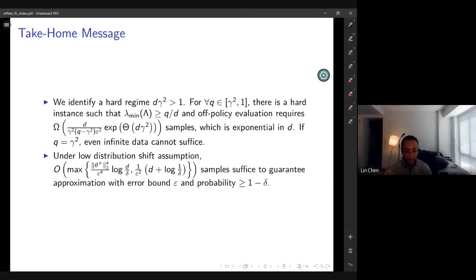And when q equals gamma square, even infinite data cannot suffice. And for the upper bound results, if we assume an additional low distribution shape assumption, we show that this many samples will be sufficient to guarantee approximation with error bound epsilon and probability at least 1 minus delta. Yeah, thank you so much.